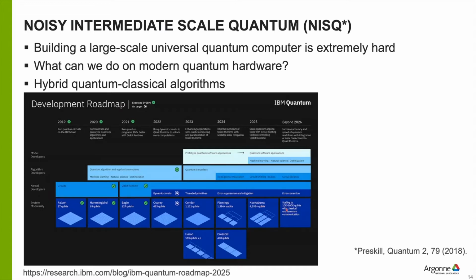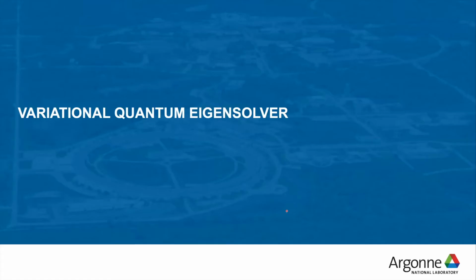And then beyond that, who knows, they adjust this roadmap every year. And basically, even the number of qubits is not that great, and that's even before we start talking about the fact that there is a lot of noise in these devices. But anyway, this is why we can't run the real quantum algorithms just yet on quantum devices.